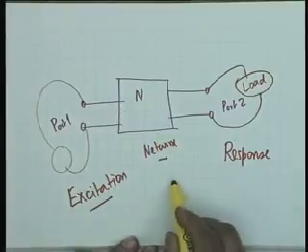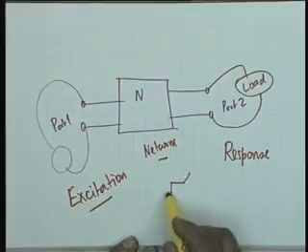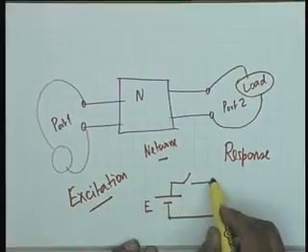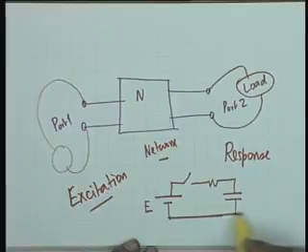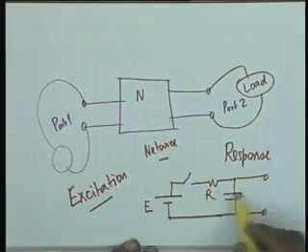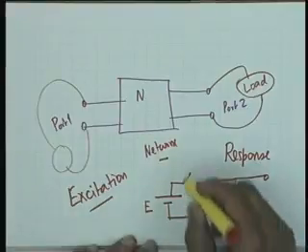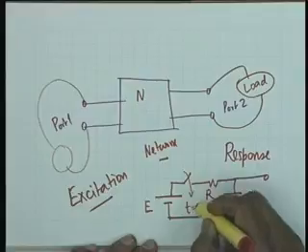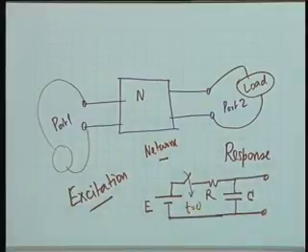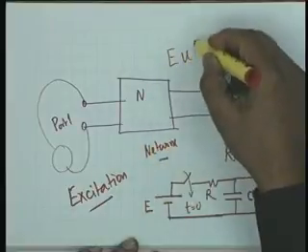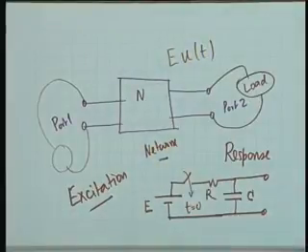For example, a typical problem could be like this: a battery of voltage E is switched to a resistance capacitance network RC. This is switched on at t equal to 0. The excitation therefore is E times u(t), where u(t) is the unit step.